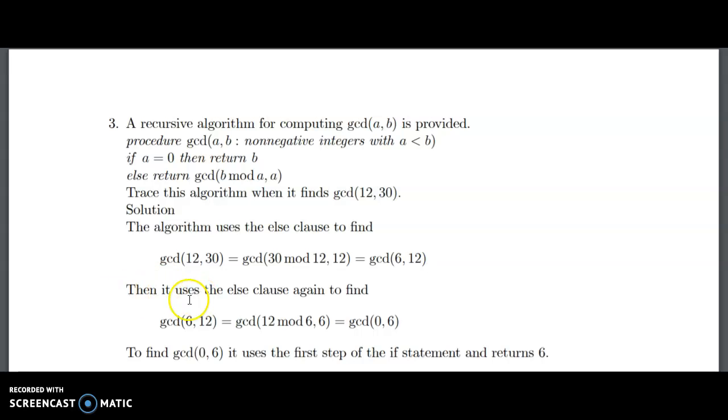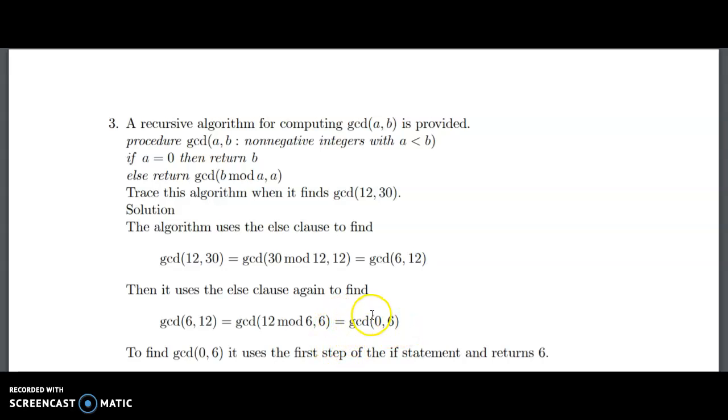Again, the else clause of the if statement is used because 6 is not 0. The algorithm calls itself with these two numbers, 12 mod 6 and 6. 12 mod 6 is 0, so this is the call.